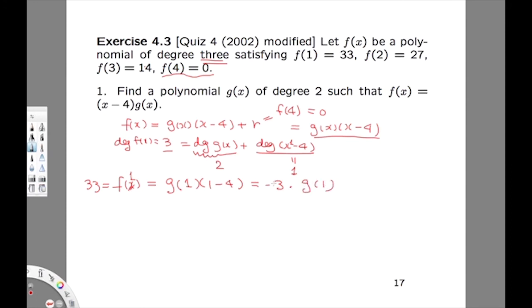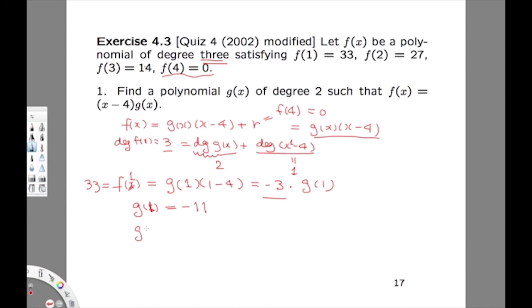So if you look at the left-hand side and right-hand side, you get g of 1 is equal to minus 11, because 33 divided by minus 3 is minus 11.